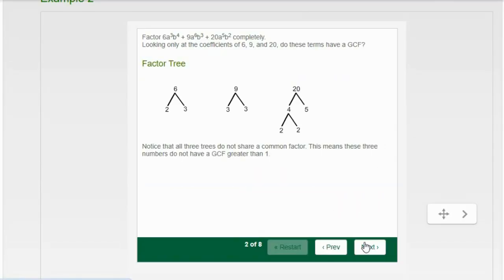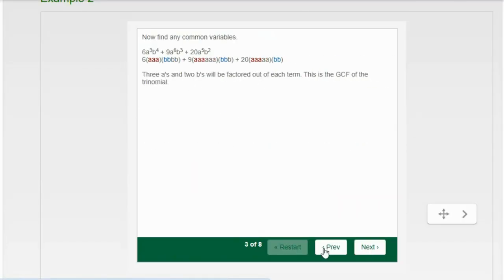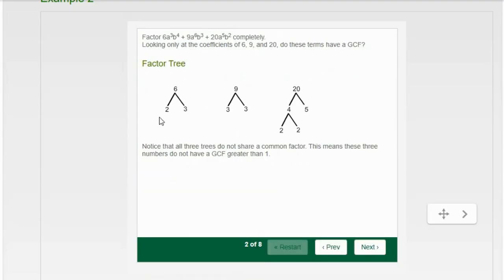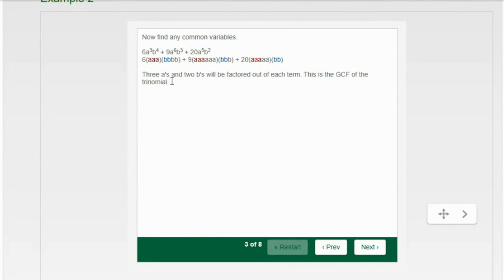So it goes through these steps here. You can look at it. They say, if we factor it, we can either write the factors like this, 1, 6, 2, 3, 1, 9, 3, 3, or you can make a factor tree, 2 and 3, 3 and 3, 4 and 5, but 4 breaks down to 2 and 2. So there's nothing they had in common.